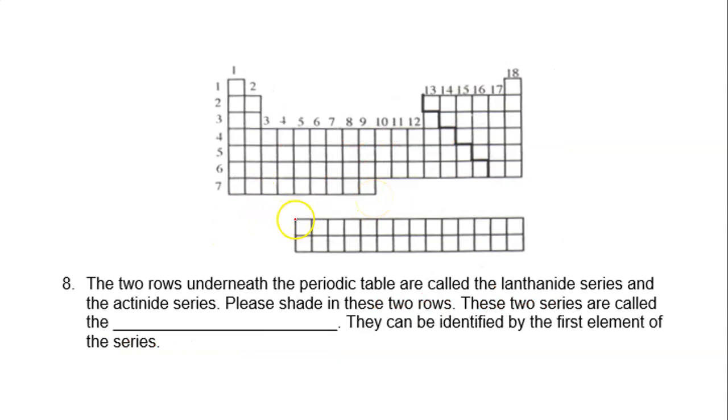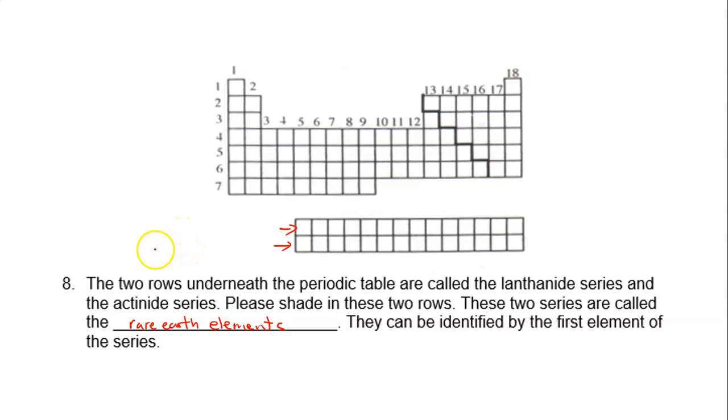Now the two rows underneath the periodic table, these ones here, these are known as the rare earth elements. And they can be identified by the first two elements within each row.